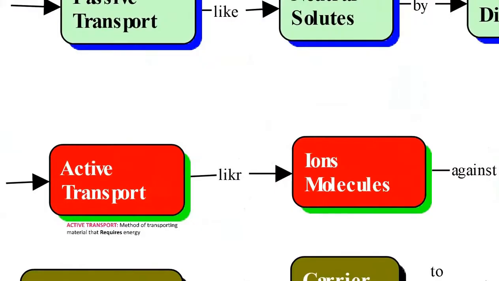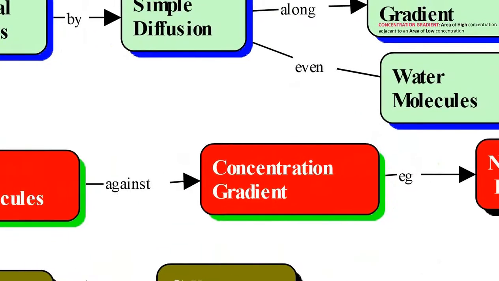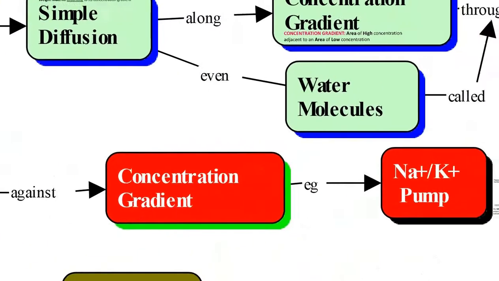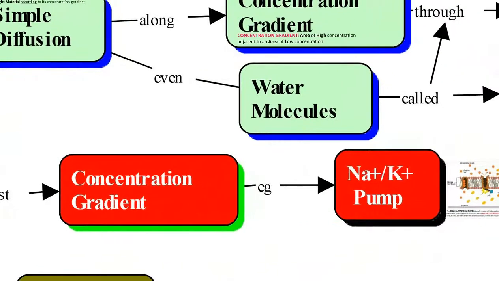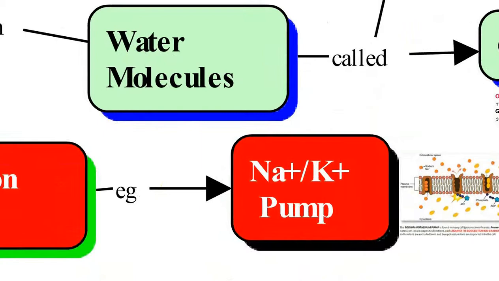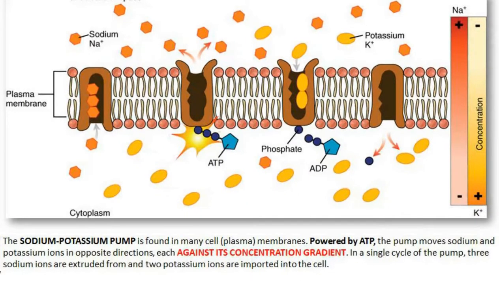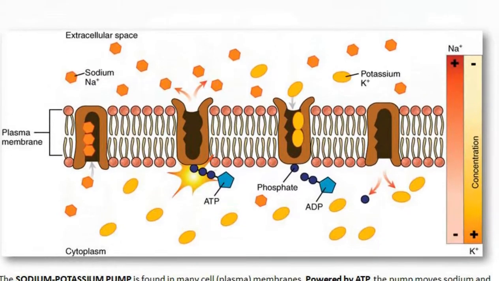Molecules like ions move across the plasma membrane by spending some energy against the concentration gradient. Examples of this kind of active transport are the sodium and potassium pumps. Here we can see the molecules moving against the concentration gradient.